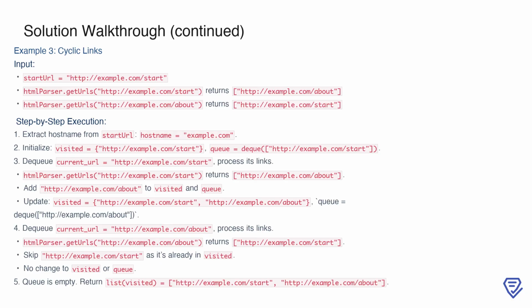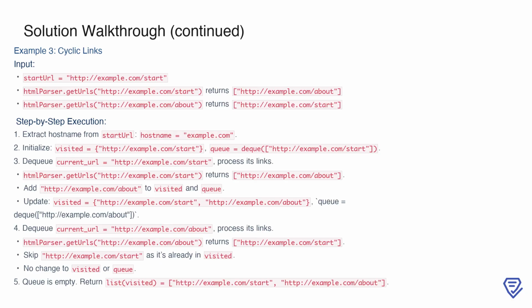Next, we dequeue http://example.com/about, process its links, and see that it links back to http://example.com/start. However, because this URL is already in the visited set, we skip it. With no further links to process, the queue becomes empty, and the algorithm concludes.